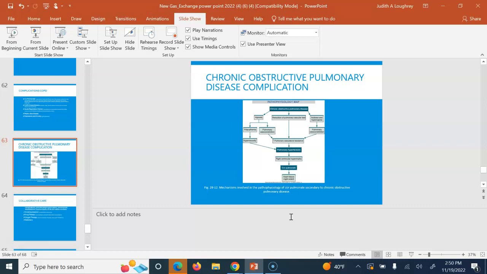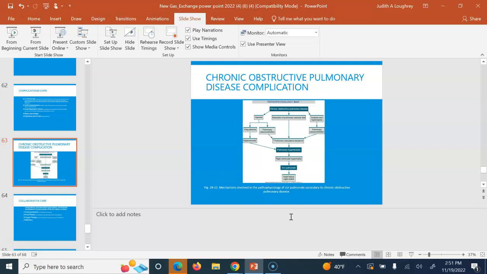The hypoxia leads to polycythemia, pulmonary vasoconstriction, and hyperviscosity, while the acidosis and hypercapnia lead to pulmonary vasoconstriction, which on both sides lead to pulmonary vascular resistance, thus leading to pulmonary hypertension, and then leading to right ventricular hypertrophy, which leads to cor pulmonale and right-sided heart failure.